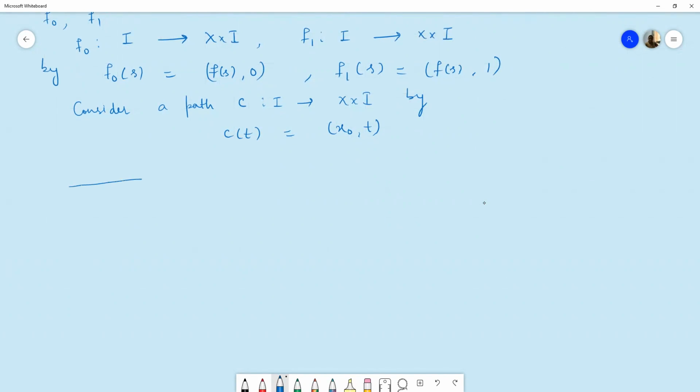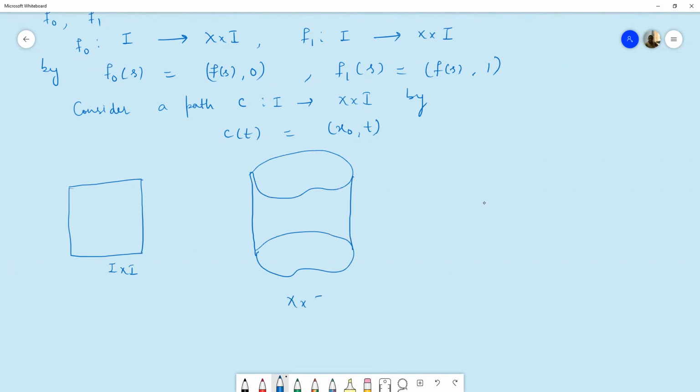Now we have this I cross I, now let us say this is our space x, so this is basically x cross I, and say this is a space y.